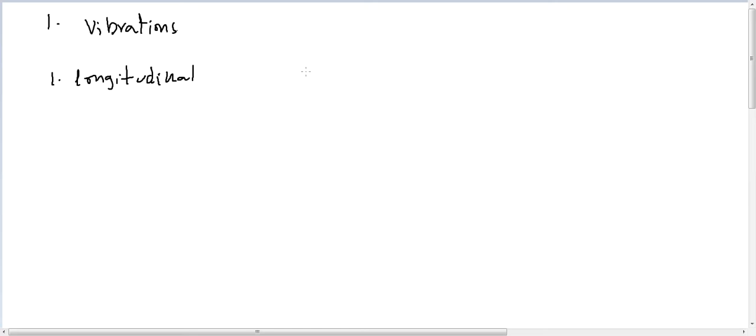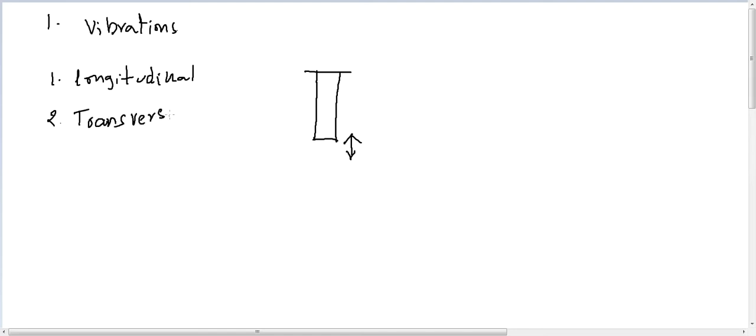This means, let us say one bar is there like this, and if we apply any disturbing force along the axis of the bar, and this bar tends to vibrate along the axis of the bar, this kind of vibration we are calling the longitudinal vibrations.